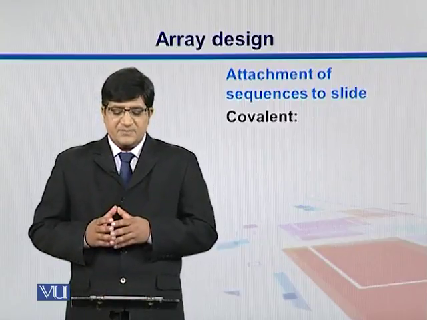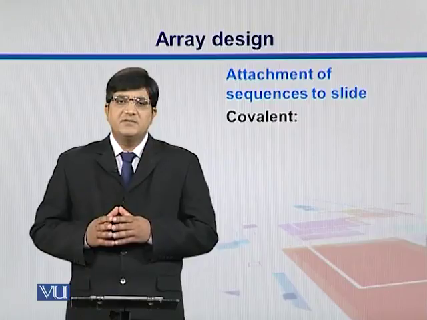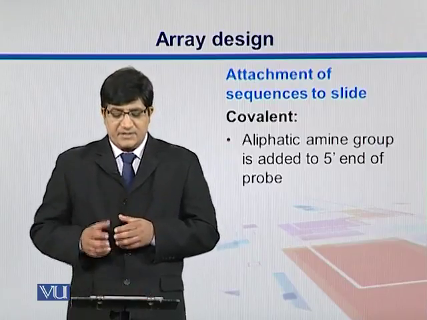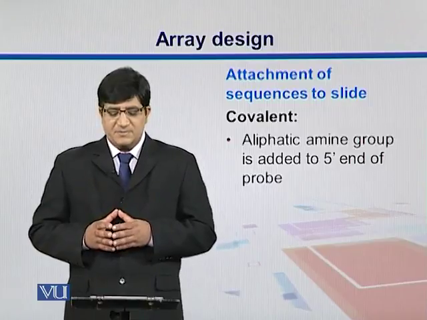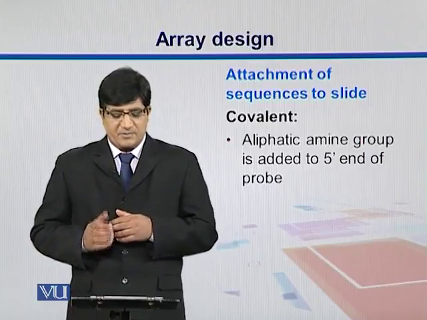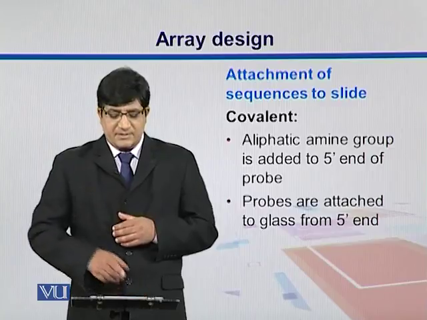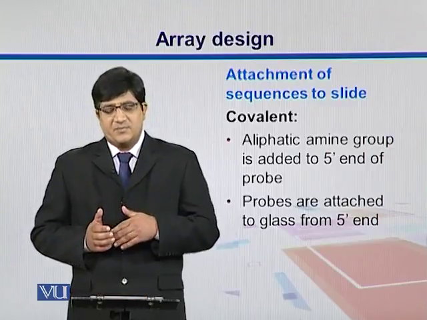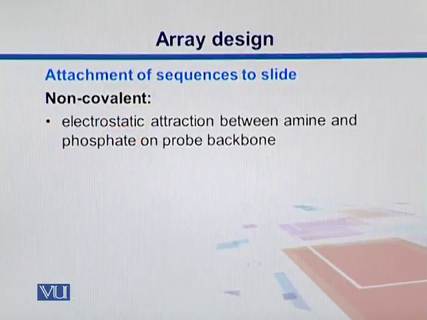Let's talk about the attachment of those sequences to the slides. One of them is that they are attached covalently. So we can have aliphatic amine groups added to the 5' end of those probes, and then those probes are attached to the glass from those 5' ends using these groups.